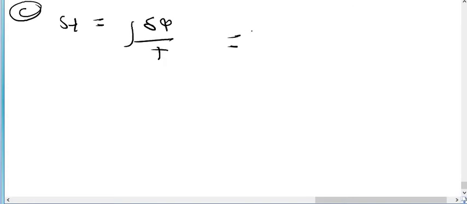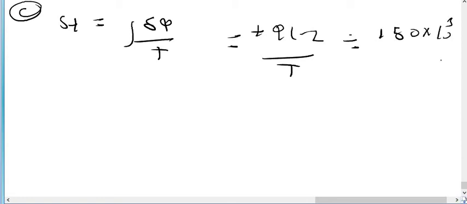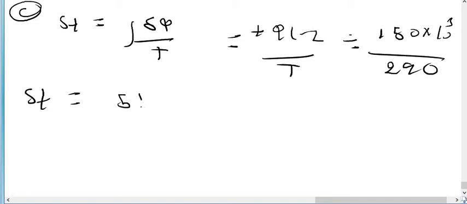The Q here is positive because heat is gained by the two tanks, all over 290. So the S transfer is equal to 517.24 joule per Kelvin.